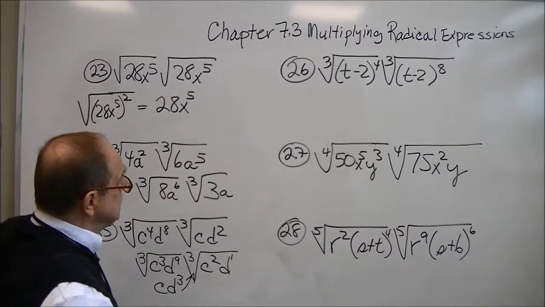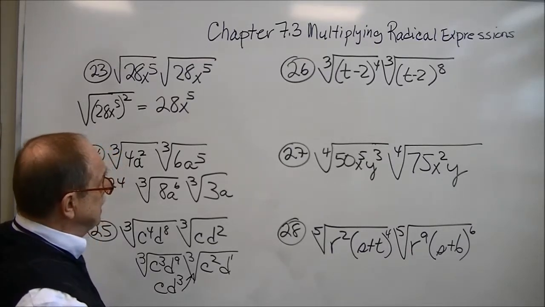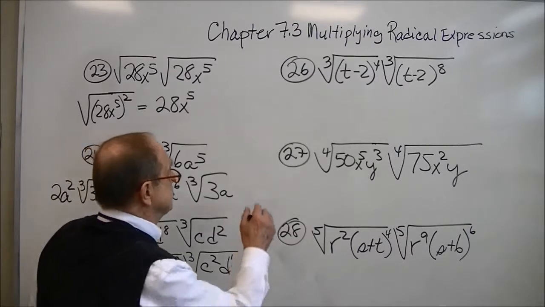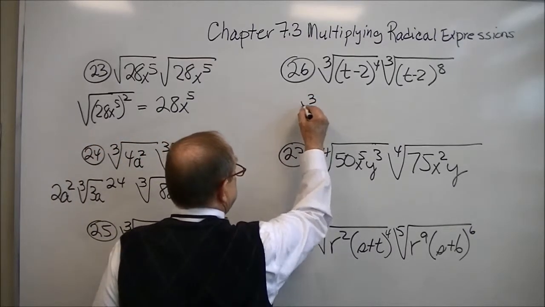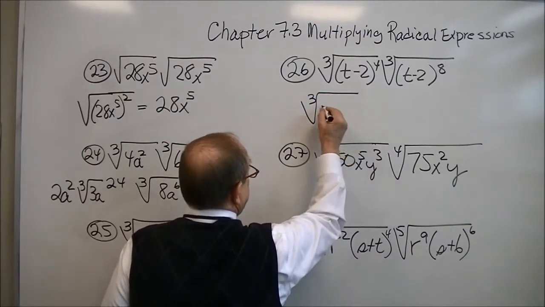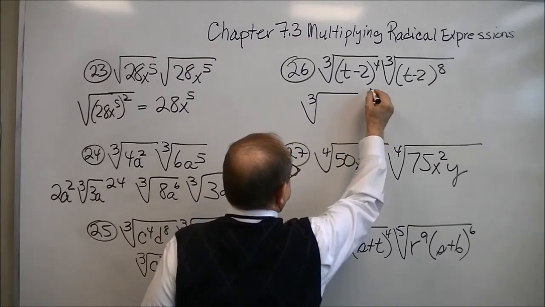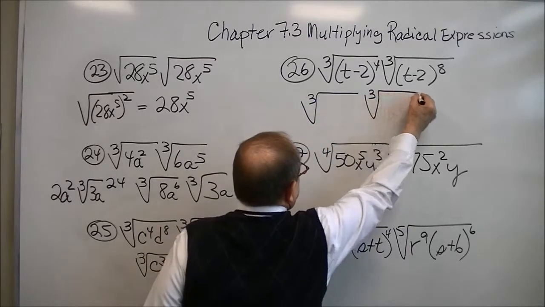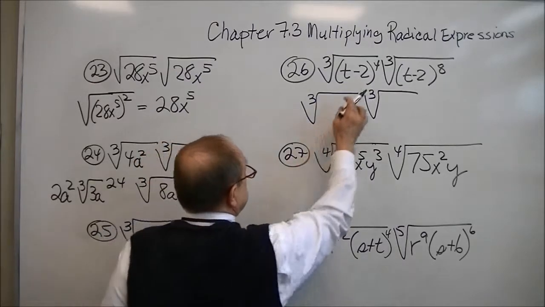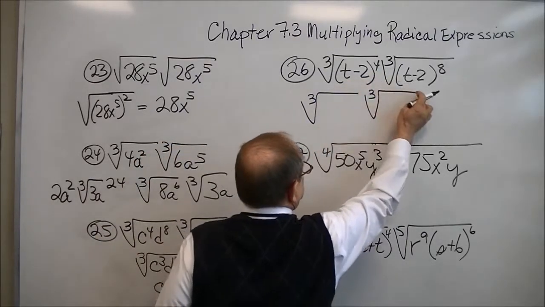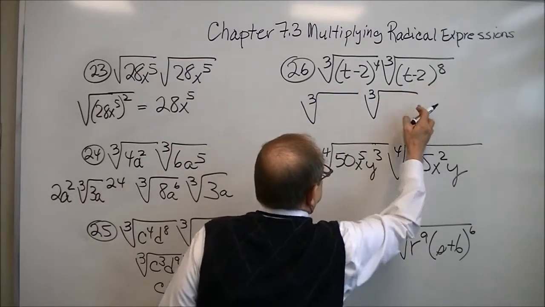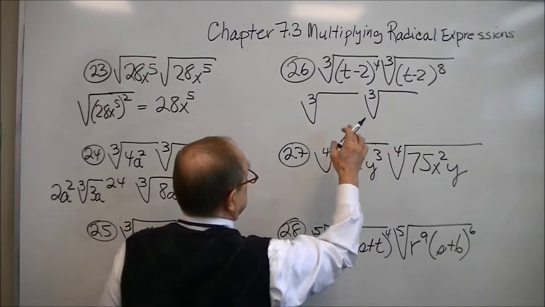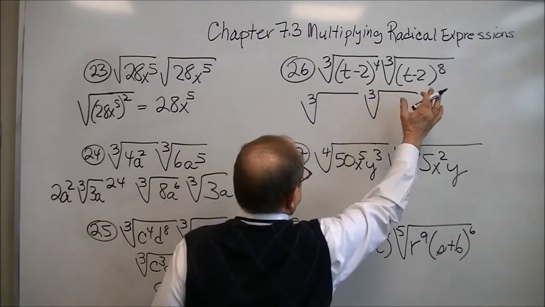All right, number 26. See if you can see this. So it's going to be the third root of, using our same technique, this to the 4th and this to the 8th will give us this to the 12th.